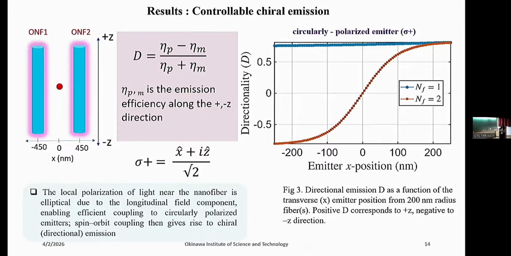Here, directionality positive means it is going into the right direction, while negative means it is going into the left direction. And at the center, we can switch off this directionality also, according to our need. While for one nanofiber, it is always only one directional. So it can be used in on-demand photon routing.